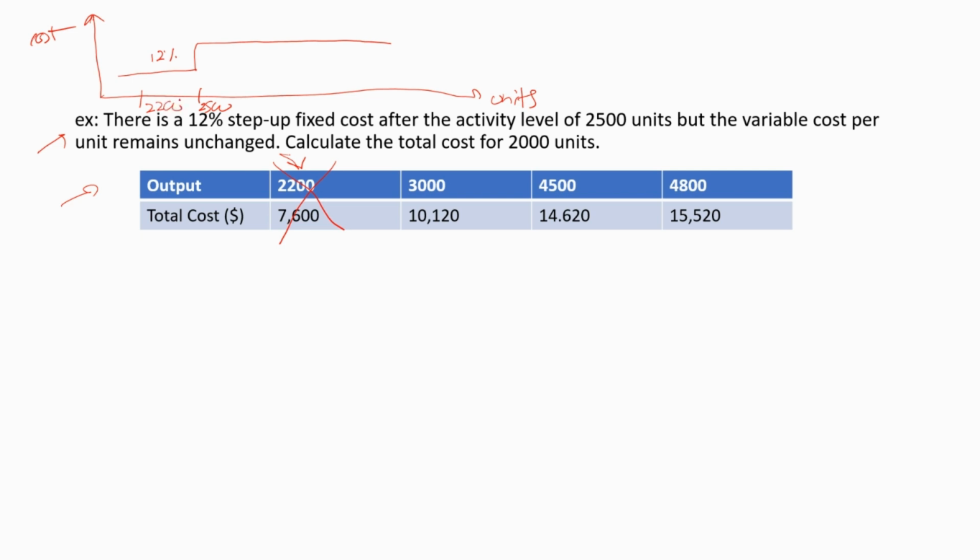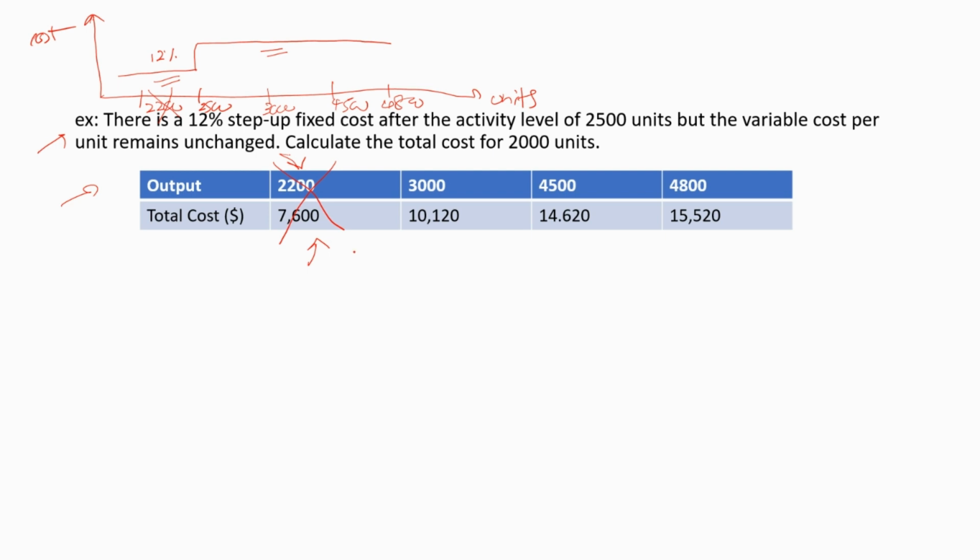All the other output levels are higher than 2500, meaning 3000 will be here, 4500 will be here, 4800 will be here. We cannot use the 2200 value as the lowest level, because as you can see there are two types of fixed cost here. In order to use the high-low method, the fixed cost should be the same for the lowest level and the highest level. So we remove the 2200 output level.